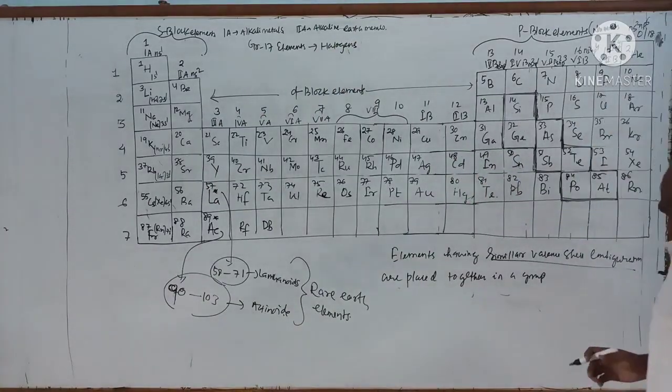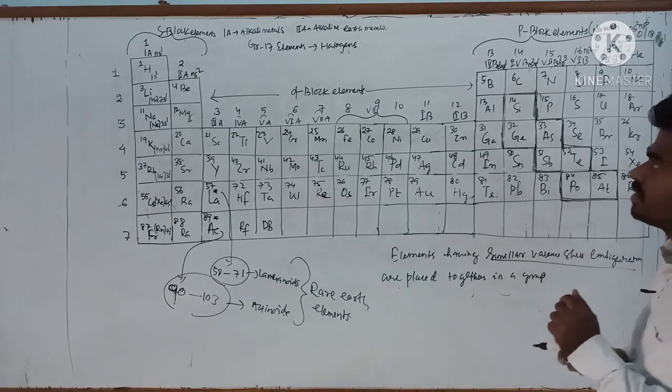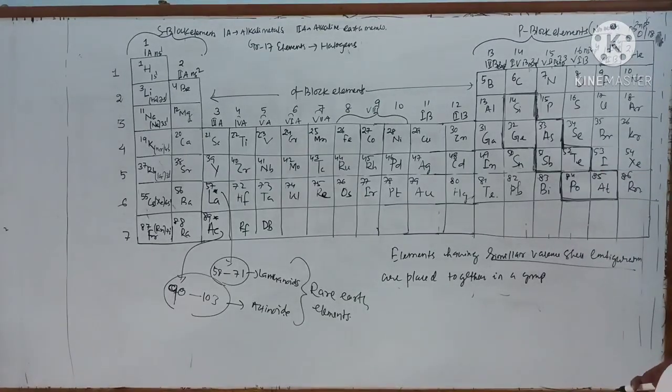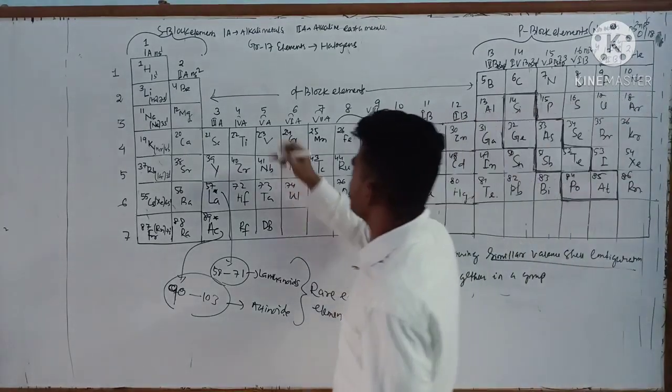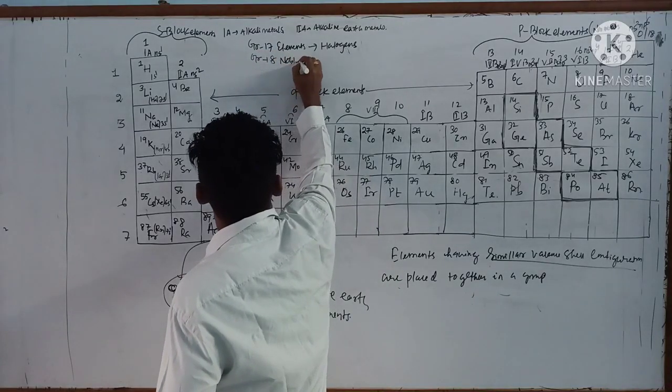These elements are mainly obtained from seawater, from the sea, so they are known as halogens. And group 18, noble gases.